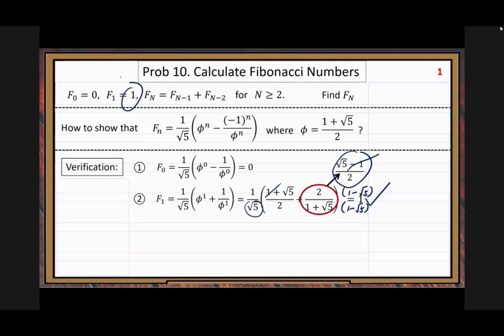Let us verify a few more cases as practice. All right, so case 3, let's do one more. But this time, phi squared, much harder, right? We need to take the square of that golden ratio number.